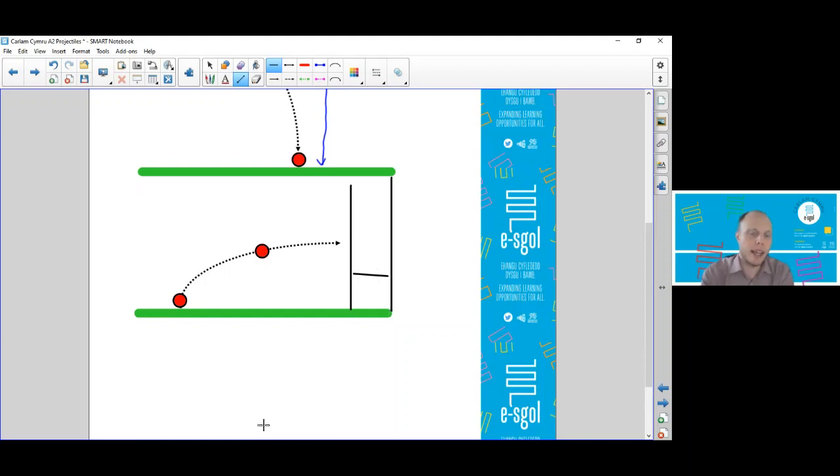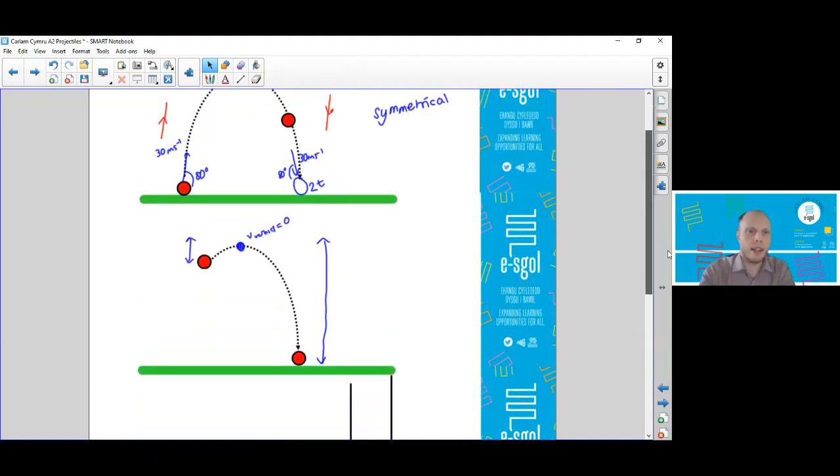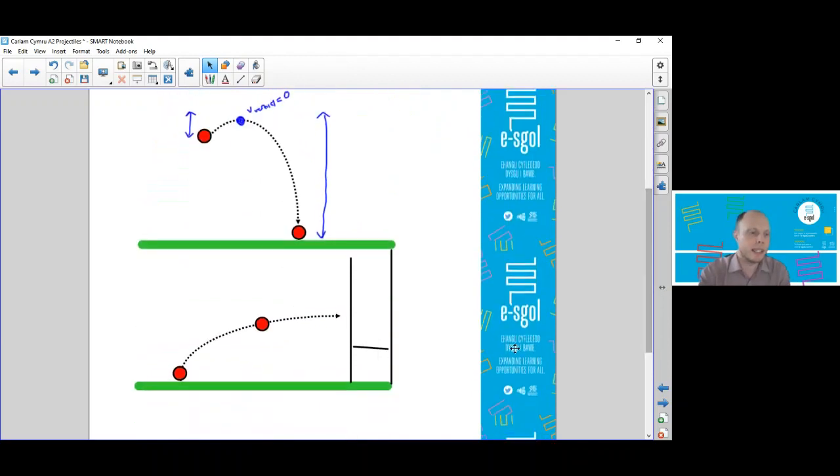What you'd be more interested in there is the speed and the direction at any given time during the flight, rather than finding the range, which is how far away it lands, or the time of flight, which is how long it takes to land. So there are 3 different types of question, all slightly different. The symmetrical ones are the easiest to work with.